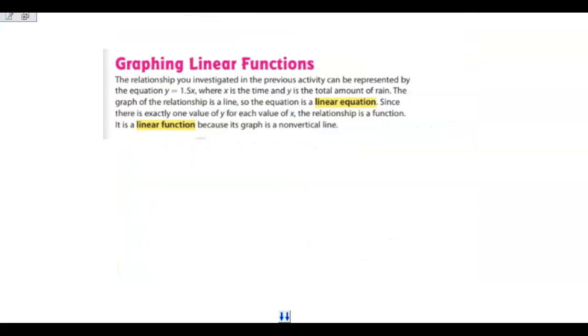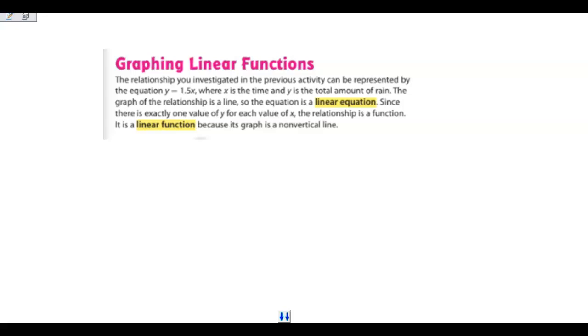When we graph linear functions, it says that the relationship you investigated in the previous activity can be represented by the equation y equals 1.5x, where x is the time and y is the total amount of rain. The graph of the relationship is a line, so it is a linear equation. Since there's exactly one value of y for each value of x, the relationship is a function.